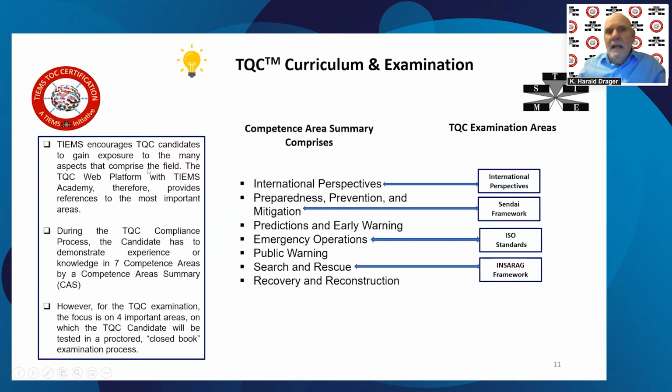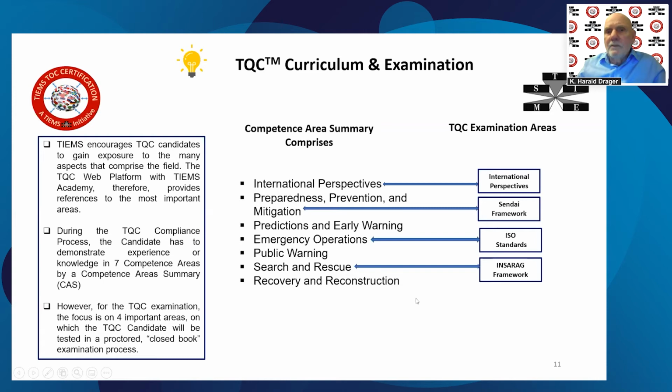But coming to examination, we had to select how do we test a field that is so vast and so large. And then we decided to pick out 4 specific areas where the candidate will be examined after he has been evaluated and passed the compliance phase, namely international perspectives, the Sendai framework, the ISO standards, and the Inter-Agency framework.